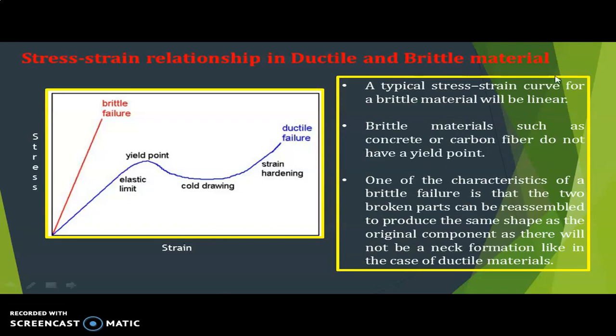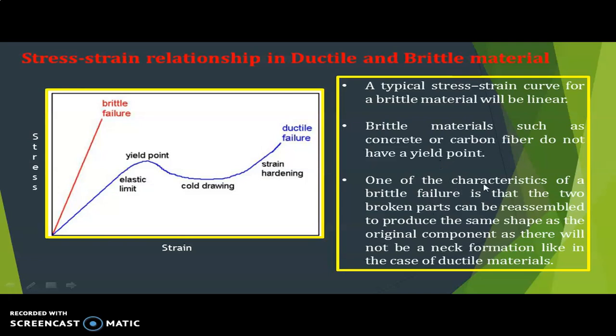The typical stress strain curve for a brittle material will be linear. You can see here, this is a straight line, linear in nature. So in the case of brittle failure, there is no yield point like in the ductile material. In ductile material there is yield point, elastic limit, cold drawing, strain hardening. Different processes are involved in ductile failure, but in brittle failure there is no yield point.